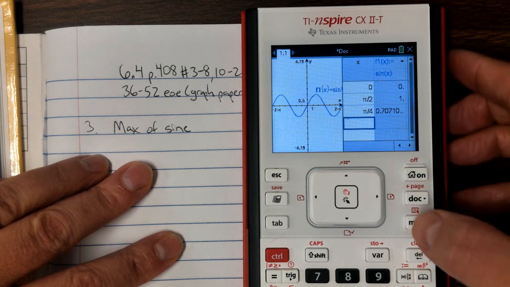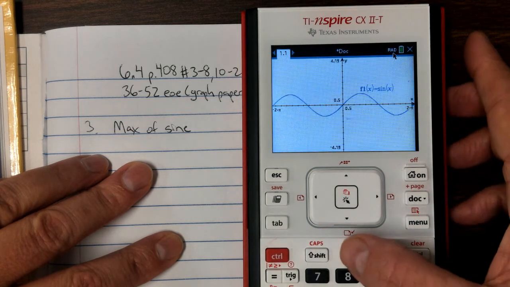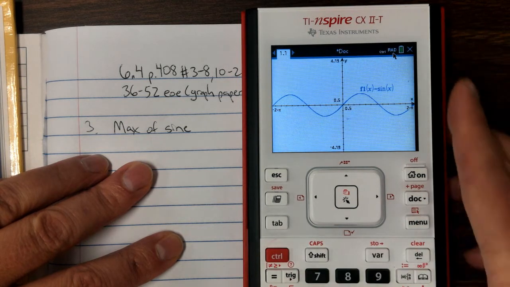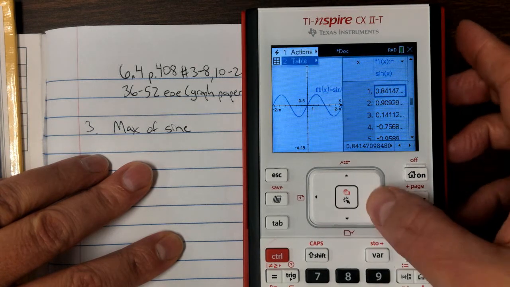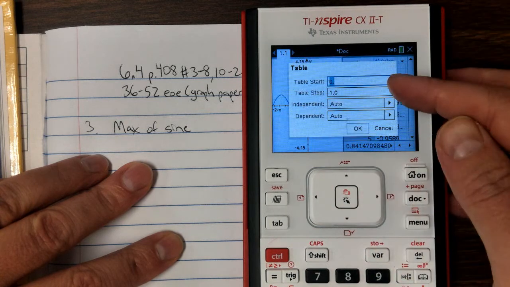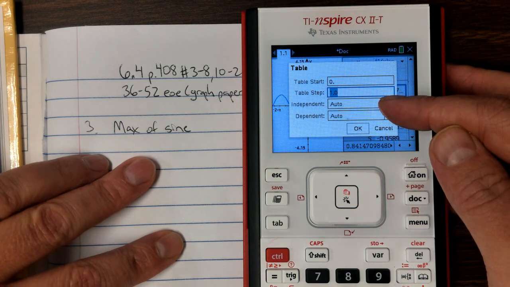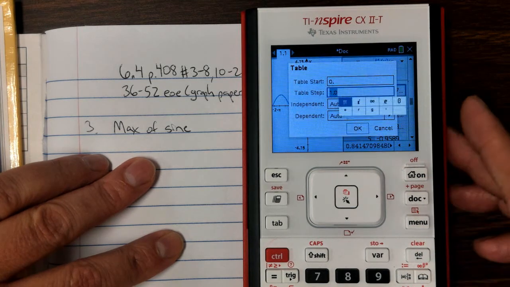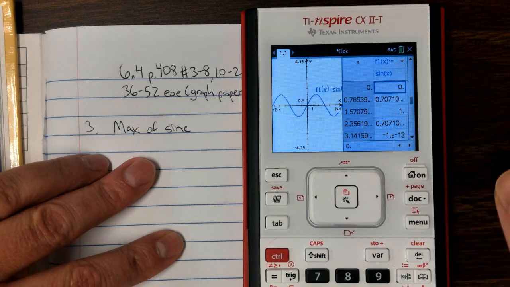Or you could go to your table settings, start it at 0, and then step by a certain thing like pi halves, pi fourths, whatever you want. So if I go pi fourths, it looks like this.